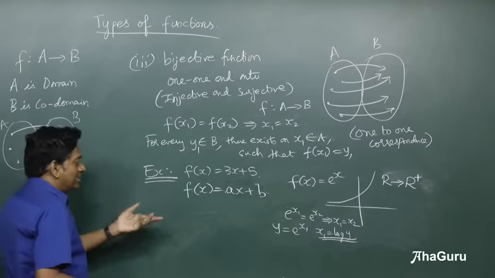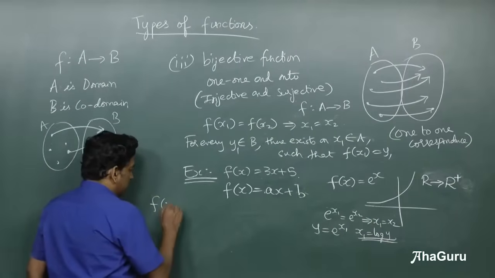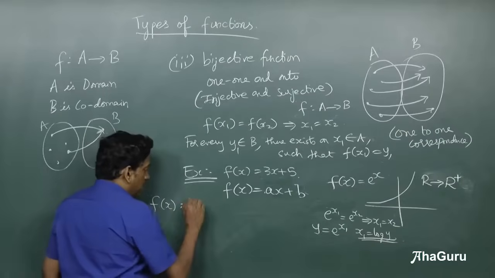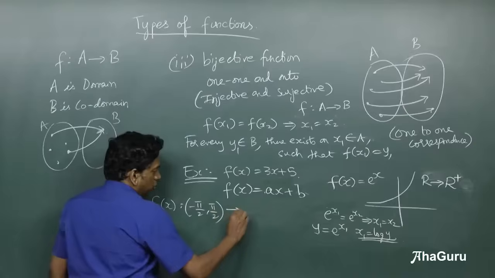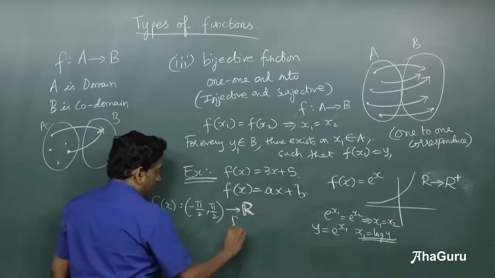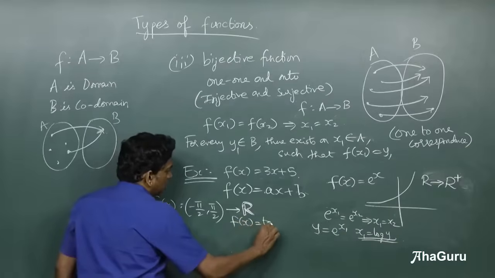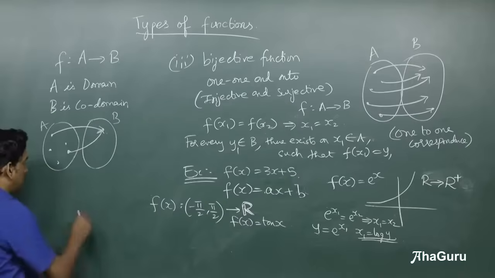Now let's also take a case of a trigonometric function. Suppose I say f(x) from -pi/2 to pi/2 to all real numbers, where f(x) = tan x. Is it 1-1, onto, etc.? Let's see.